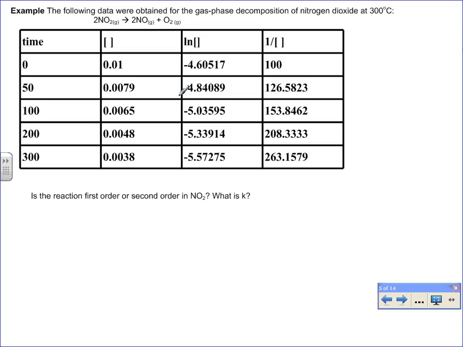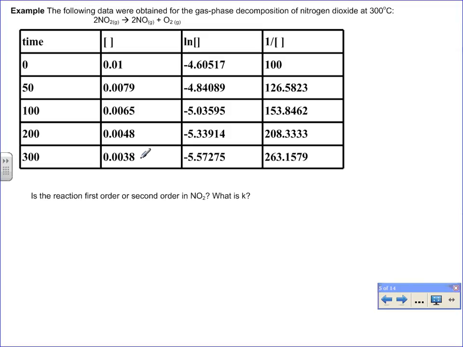So what has happened here is an experiment was done, and every certain number of seconds, the concentration of the NO2 was measured. We can assume here that they measured the pressure, for example, and they converted that into a concentration. So the data that you're given is the time and the concentration.